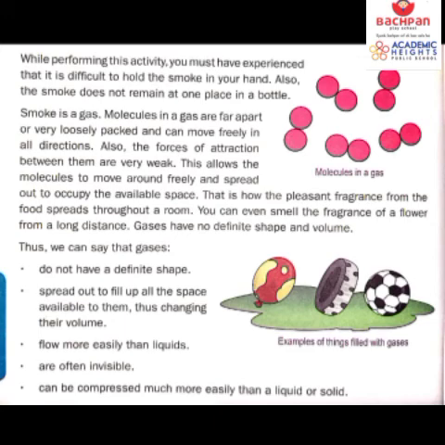And it can even move very freely in a bottle. Now the question is why so? Because its molecules are very loosely packed and they can move freely in all the directions. And the forces of attraction inside them are very weak. They allow the molecules to move in all the directions very freely and occupy the available space.